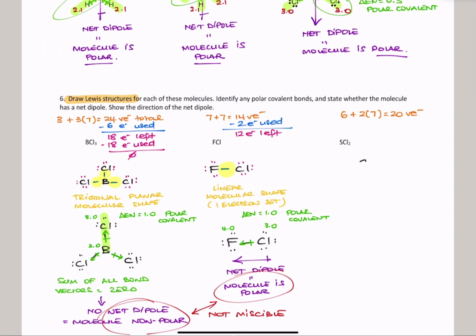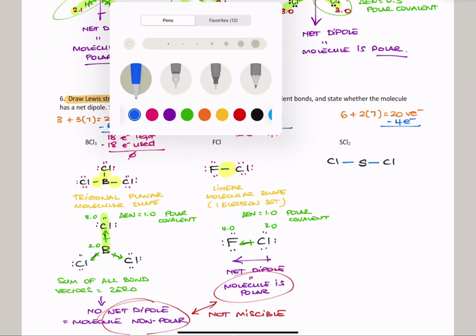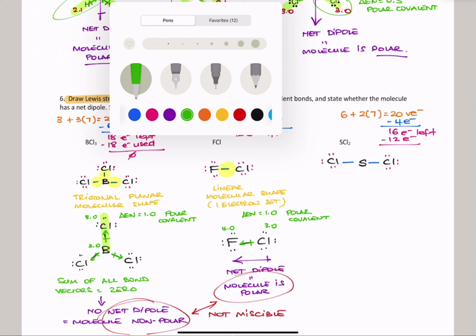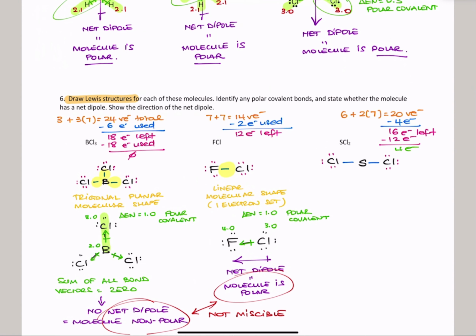S will be central to chlorine, used 4 electrons to connect, have 16 electrons left, used 12 electrons to give an octet to the chlorine, have 4 electrons left that I'm going to give to the sulfur.